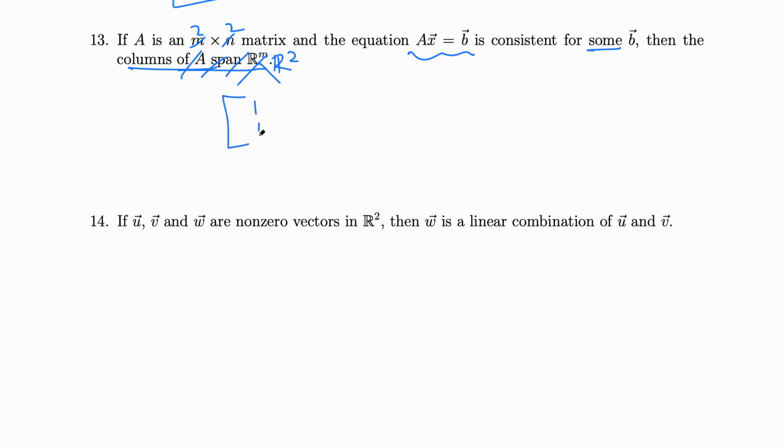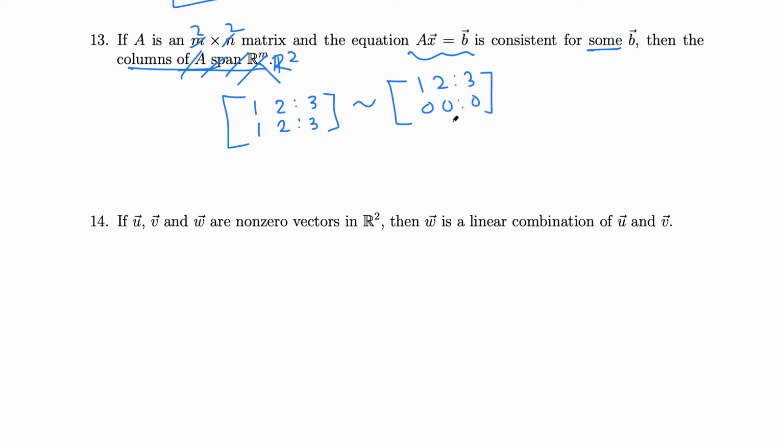Let's say 1 1 2 2 and 3 3. So this is a consistent system. For some b, for 3 3, this one is consistent, because if we try to solve, we get 1 2 3, now 0 0 0. That's good.